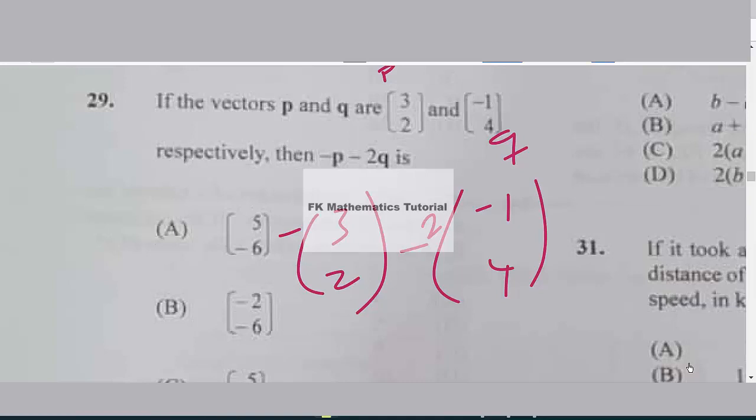So we are going to use the sign here to multiply both components of the vector. So we will get (negative 3, negative 2).